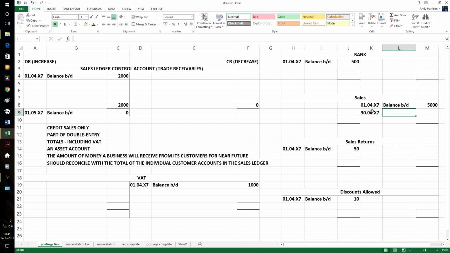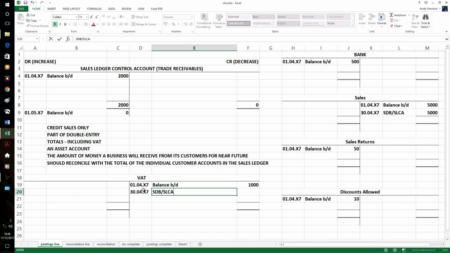So I'm assuming we've had the same amount of sales again, another £5,000 worth of sales in April, and that of course will need an entry in a VAT account. Appropriate details to link to the control account and our sales account.